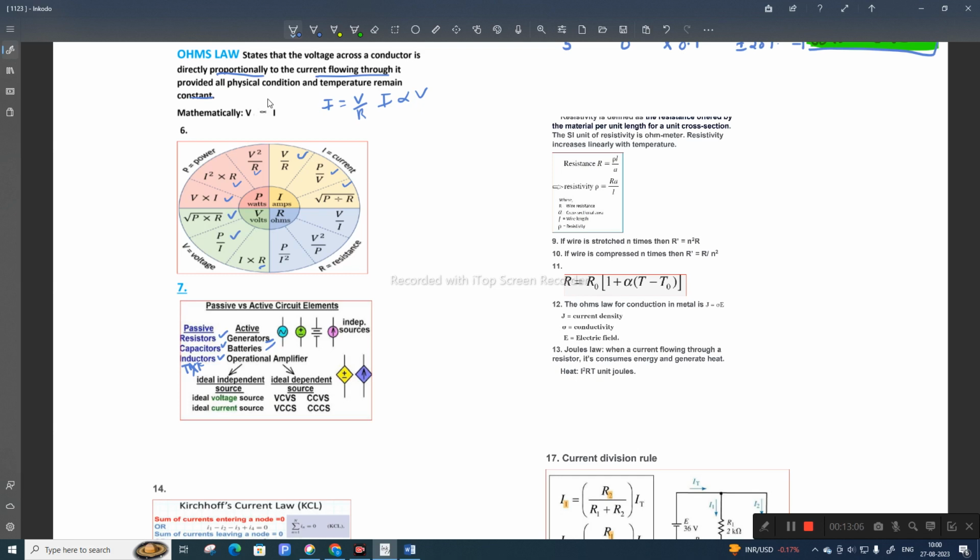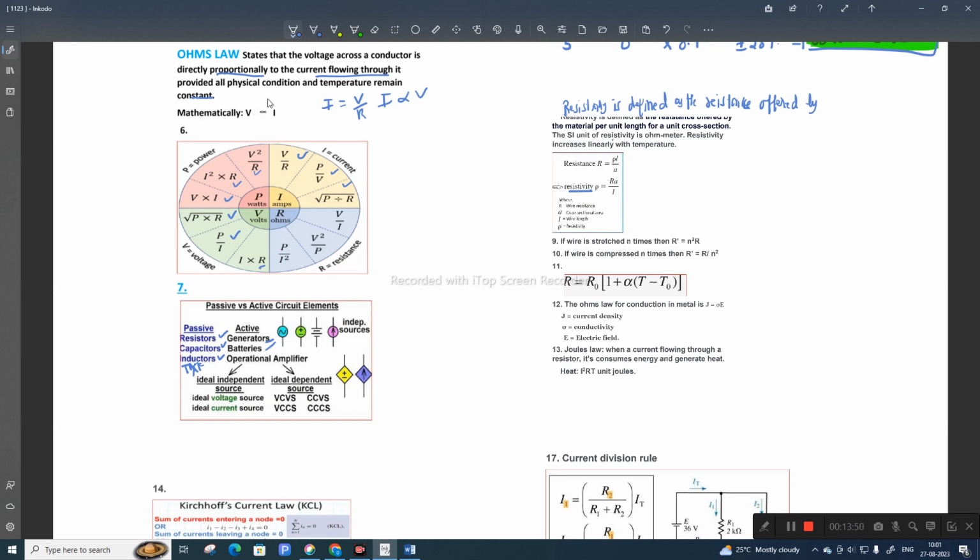Next comes resistivity. Resistivity is defined as the resistance offered by the material per unit length for a unit cross sectional area.